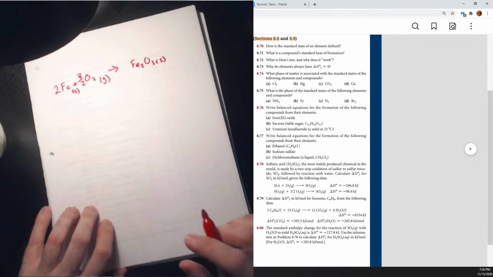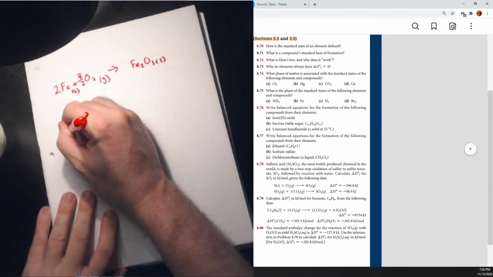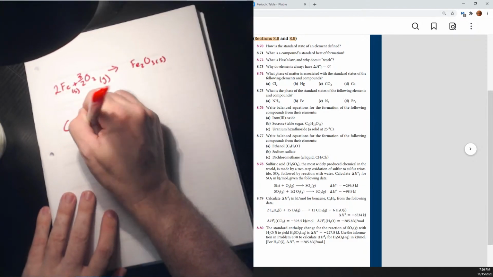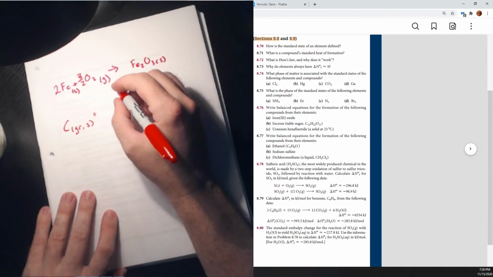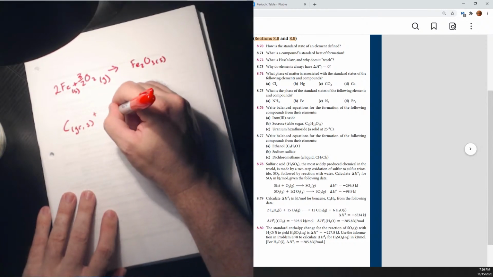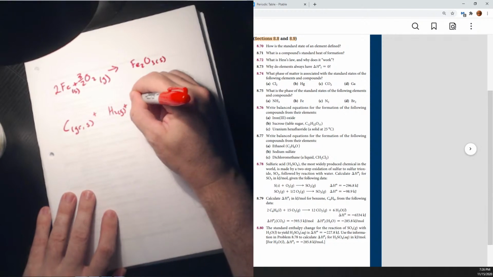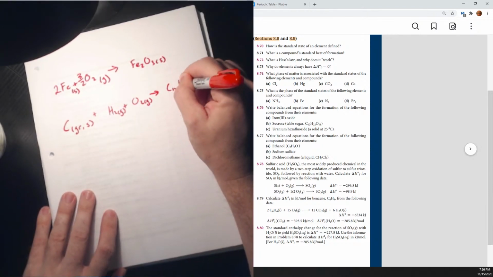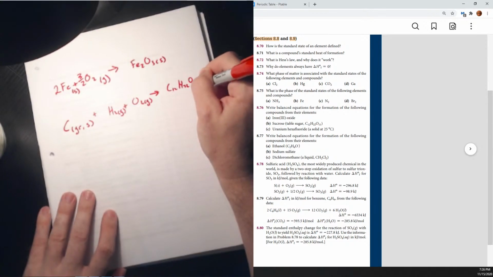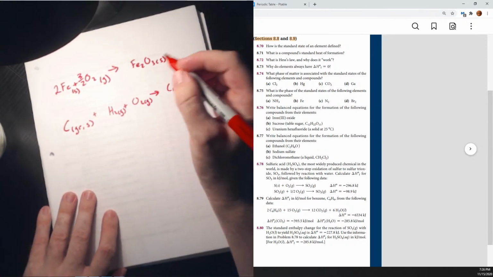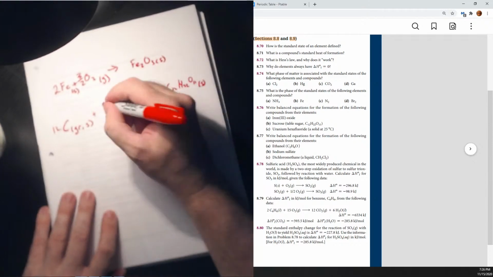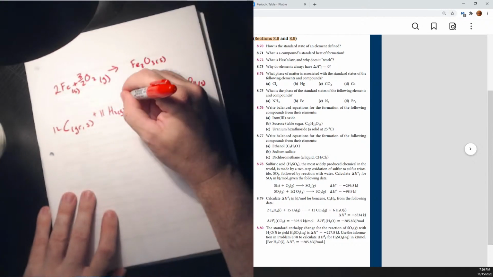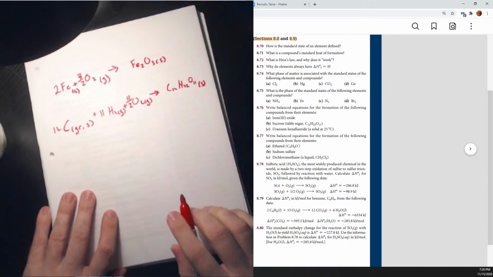Sucrose. We're making, okay, and we need hydrogen gas and oxygen gas. C12H22O11, solid. So we're going to need 12 carbons, 11 molecules of hydrogen and 11 halves oxygen.